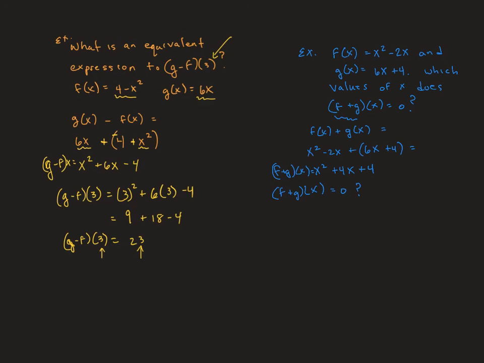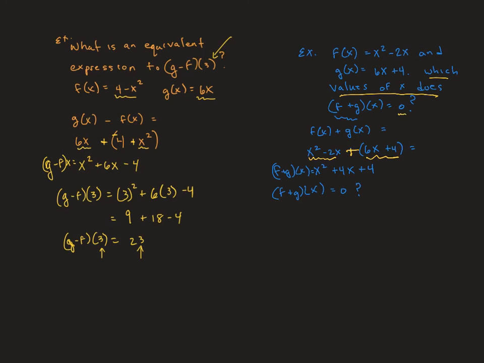Okay, so I've done the combining. I have f of x plus g of x, and I end up getting x squared plus 4x plus 4. Okay, but it's asked me which values of x does this combined function equal 0?